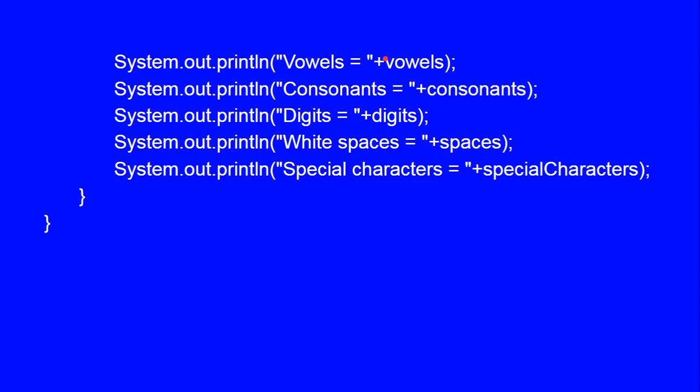If we want to combine one with the other, we use the plus symbol here. So this message will come plus the number of vowels, maybe 3 or 5, whatever it has come in the sentence. Likewise consonants, digits, white spaces and special characters. And this close brace is for the public static void main, and this is for the class. So all the braces have been closed.